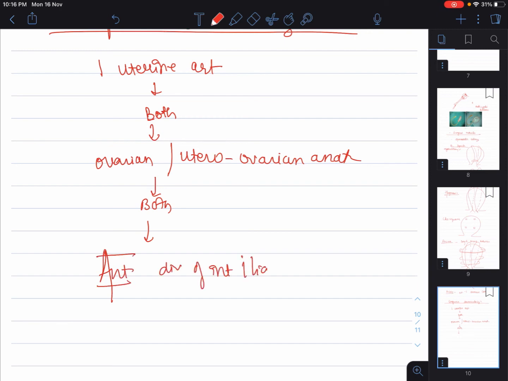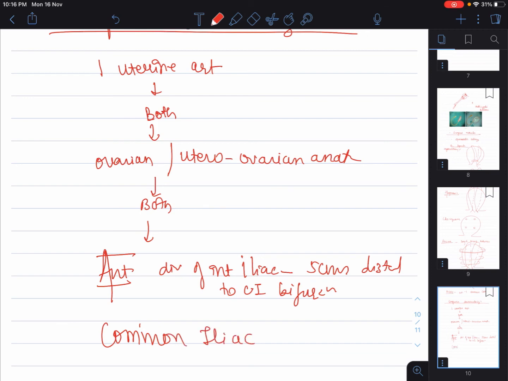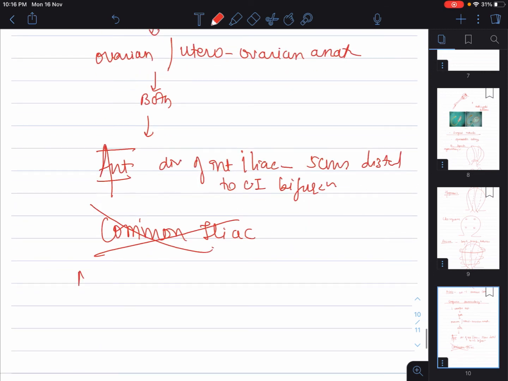Where do we ligate it? We ligate it 5 centimeters distal to the common iliac bifurcation, right? So uterine artery, ovarian, uterovarian, and finally the anterior division, but never the common iliac. You will not touch the common iliac. Why? Because it is also supplying the lower limb. You do not want to compromise the blood supply to the lower limb. Now one very common question that people ask is, does this affect future fertility? No, this does not affect future fertility.